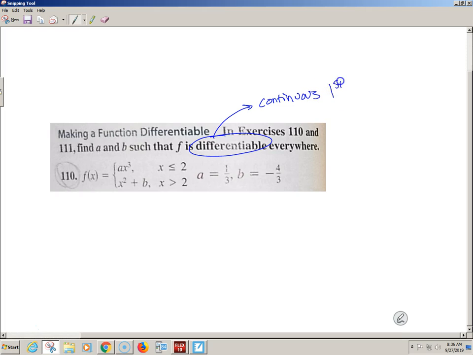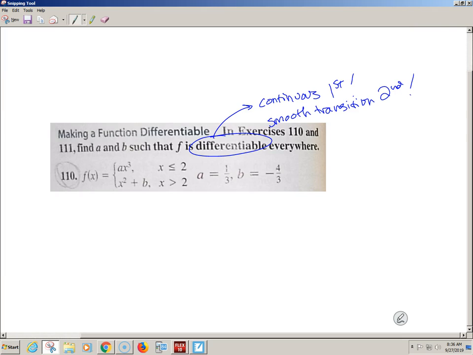Has to be continuous first. In order to be differentiable, it has to be continuous, and then it has to be a special type of continuous. So, continuous first, and then a smooth transition second.